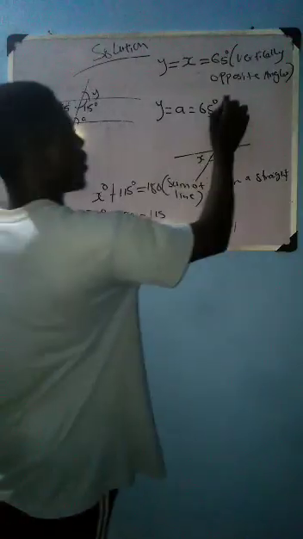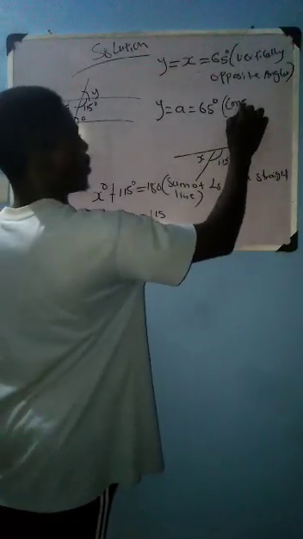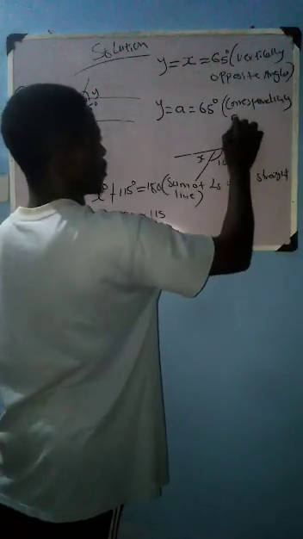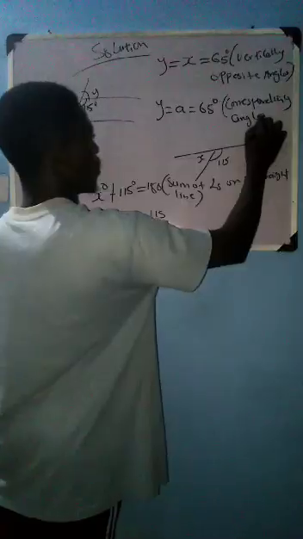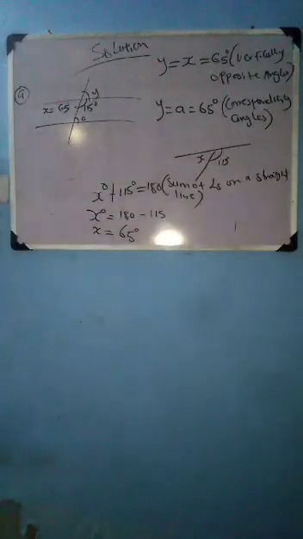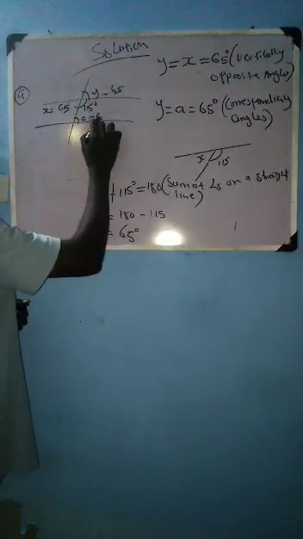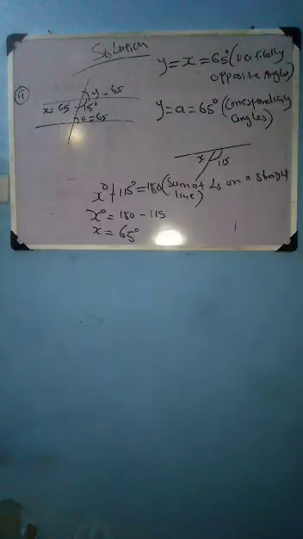Good. So the reason is because they are corresponding angles. And you're done. You've completed. Answer the question. So angle y is equal to 65, A is equal to 65. And you're done. Take it down.